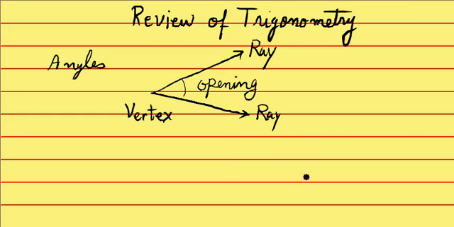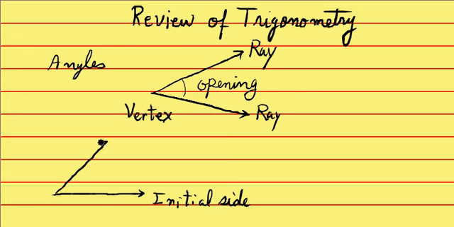Well, we need to talk about angles in a much more specific way, and one way to specify an angle is to declare what is the initial side of it. So I might have an initial side, and then I will have a second one, which is going to be the terminal side.